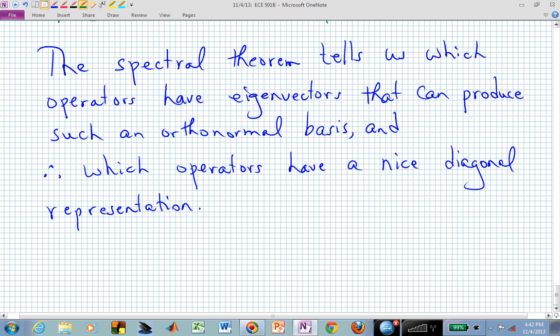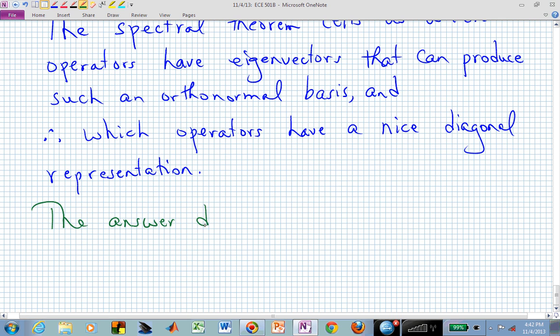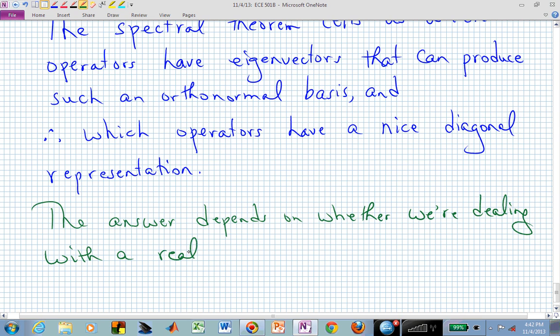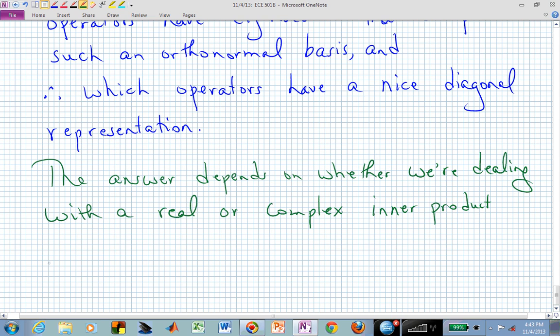So let me just say that the answer relative to this spectral theorem depends on whether we're dealing with a real or complex inner product space.